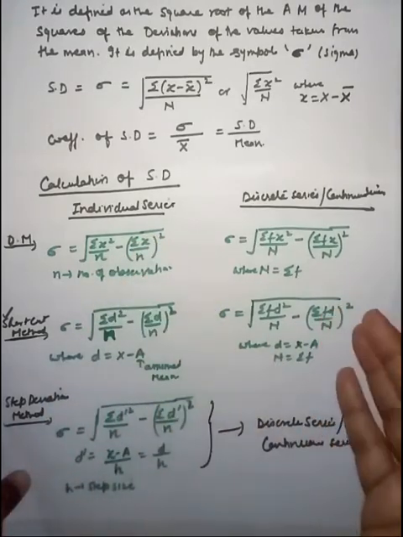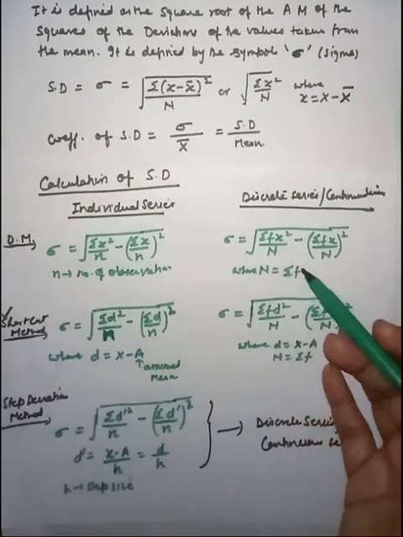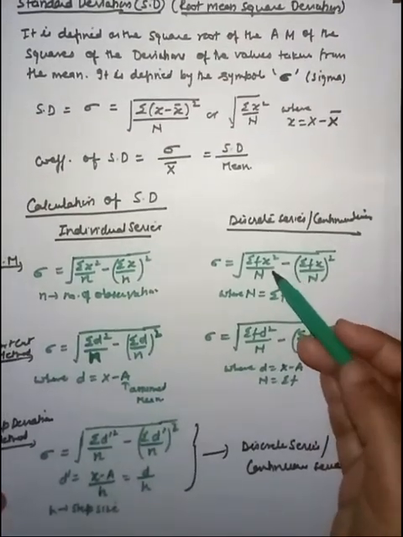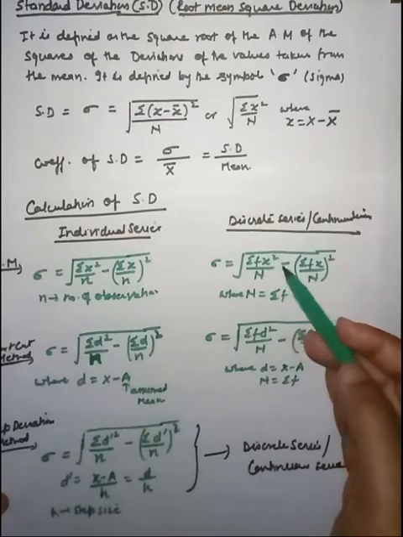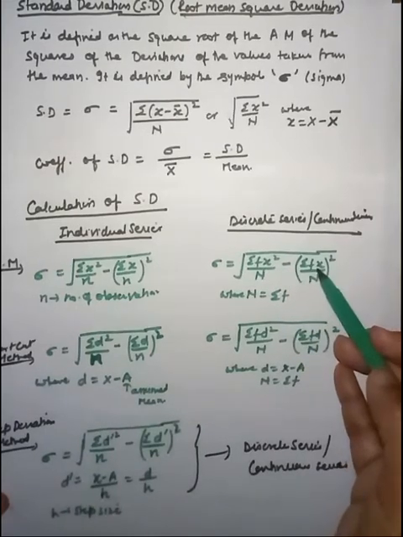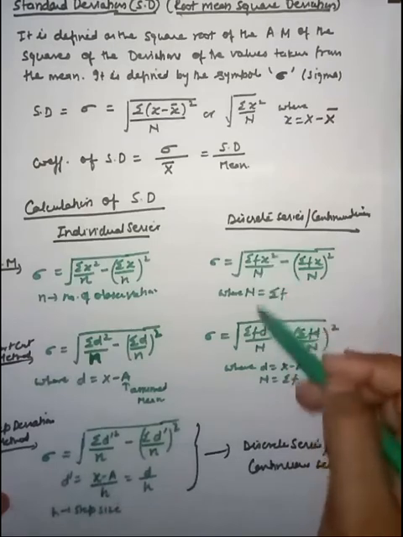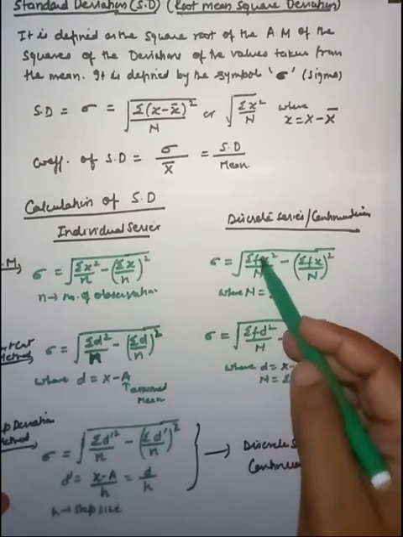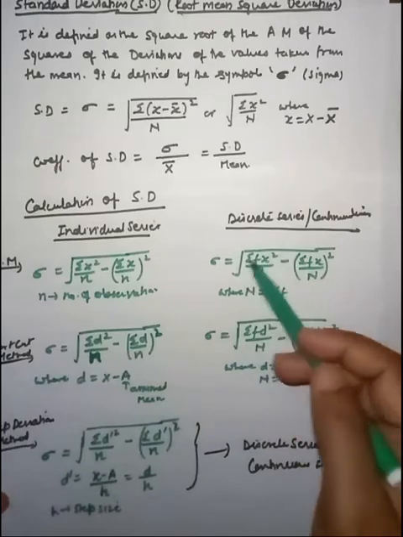And the same as here for discrete series, if given the individual example, then you can make the table of fx. You find the summation of fx, make the x square column, and again make a column for fx square and find the summation, and put all values in the formula, and you find the sigma.